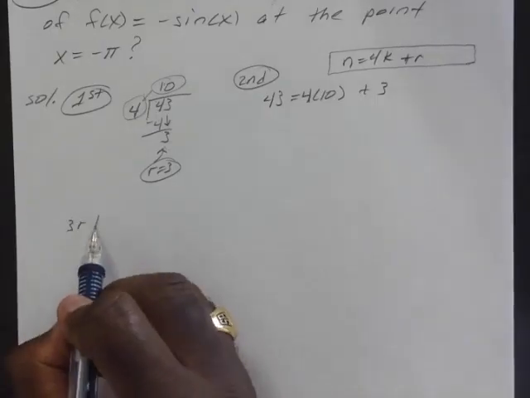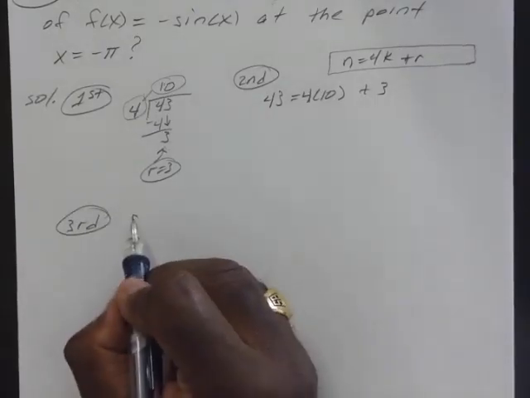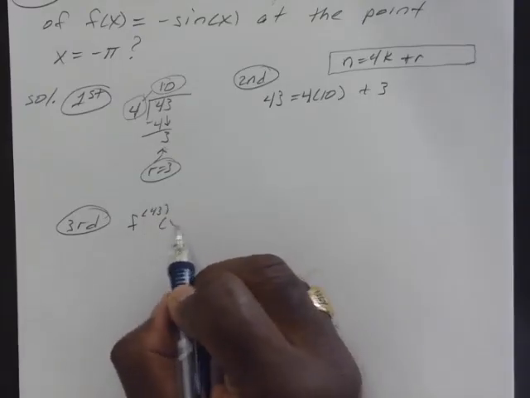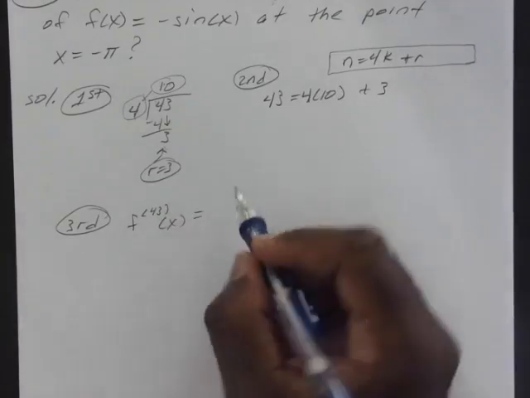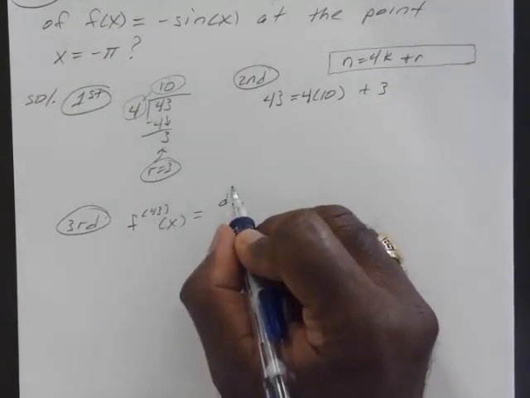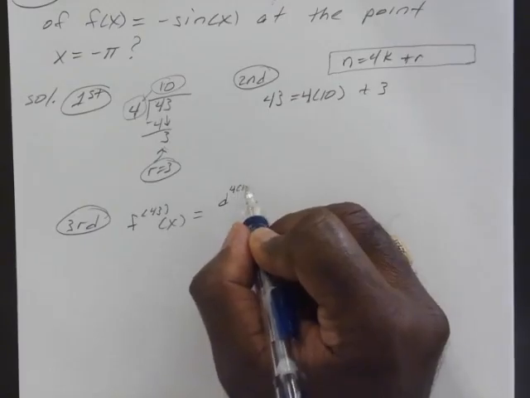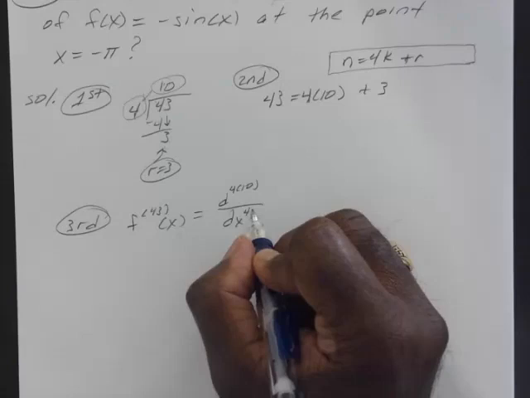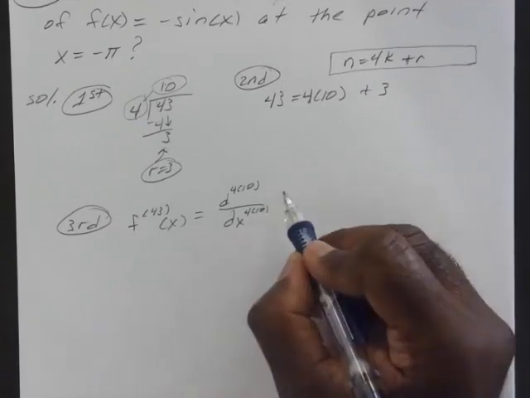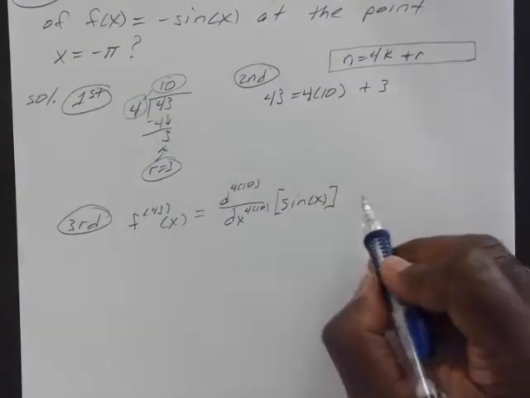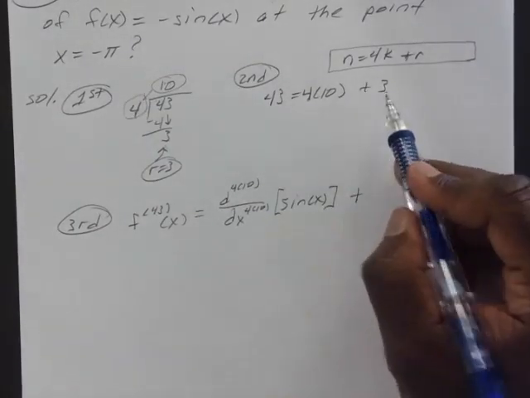So that means our 43rd derivative is equal to the 40th derivative, or you can just say 4 times 10 derivatives, of sine of x, plus 3 more derivatives.